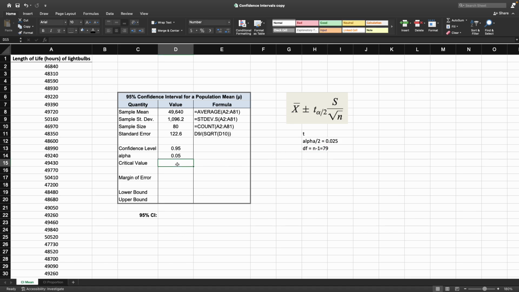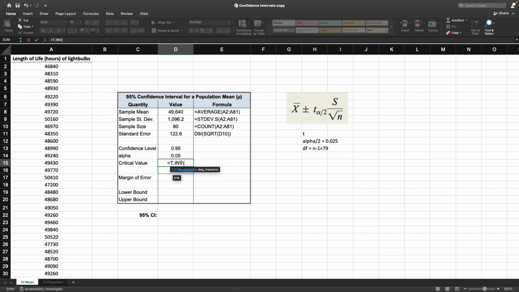Okay, so we're going to use a function which is T.INV. So we're going to do equals T.INV, open parenthesis. Okay, so notice that the first argument is probability. So probability we want to be alpha over 2.